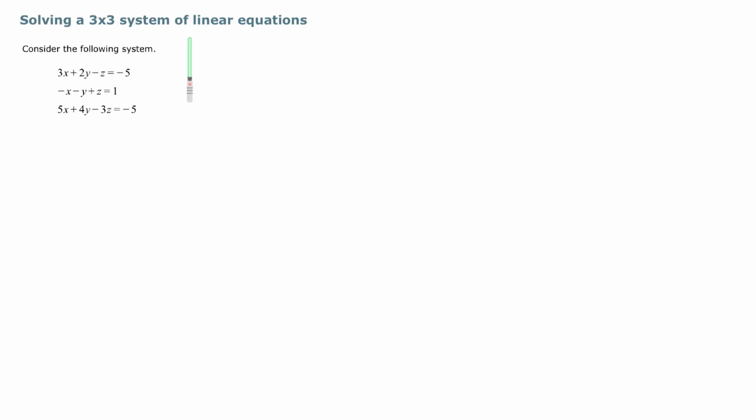Solving a 3x3 system of linear equations. Consider the following system. There's an equation 1, equation 2, and equation 3. I'm going to go ahead and label that in that order. The first row is equation 1, the second row is equation 2, and the third row is equation 3.